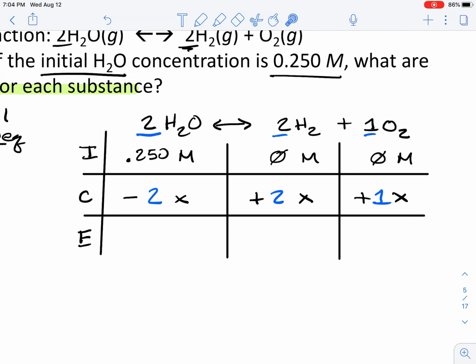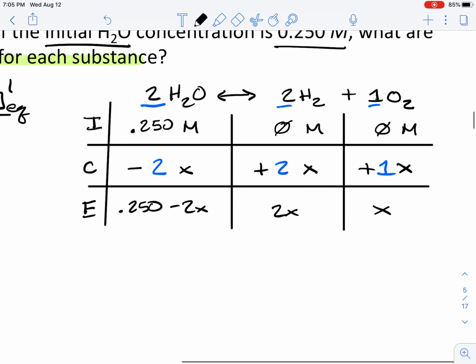And to determine the mathematical expression for the equilibrium concentration, I'm simply going to add down the column, I and C. And so what I get is 0.250 minus 2x, plus 2x, or simply 2x, plus 1x, or simply x. These expressions will define the equilibrium concentration of each and every one of those substances.